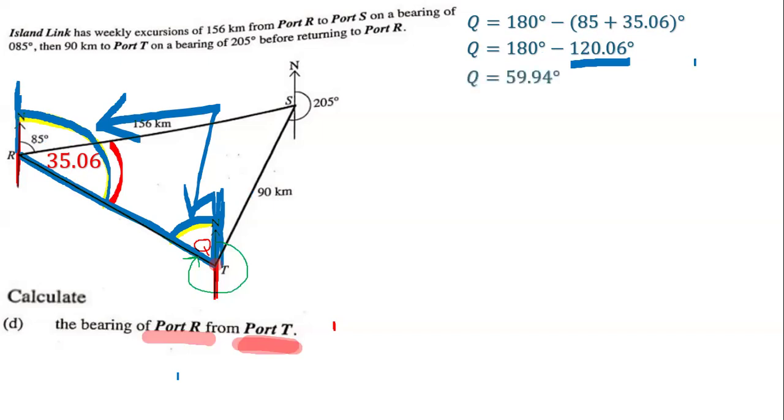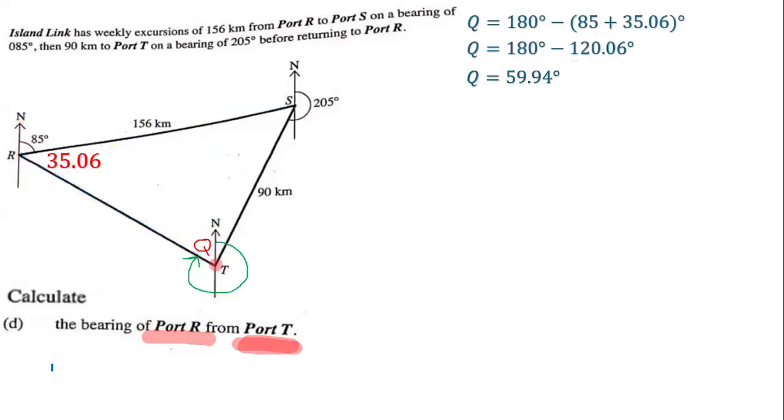And so when we subtract, we get that Q is equal to 59.94. If Q is 59.94, and we add that to 85 and 35.06, all of them add up to 180 degrees. And that makes sense because co-interior angles add up to 180 degrees. So Q right now is equal to 59.94 degrees.